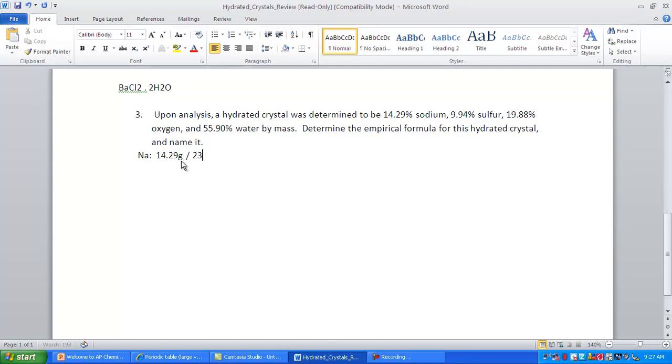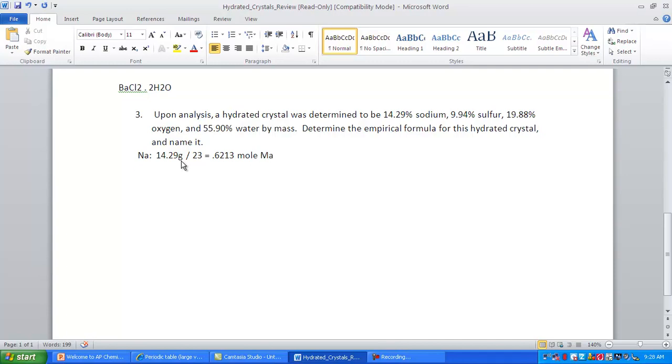Again, checking your periodic table, it has a formula weight of 23, and we'll find a unit known as moles. 14.29 divided by 23 looks like 0.6213. And again, my strategy is to carry all the decimals possible to eliminate rounding errors, and that unit is mole of sodium.